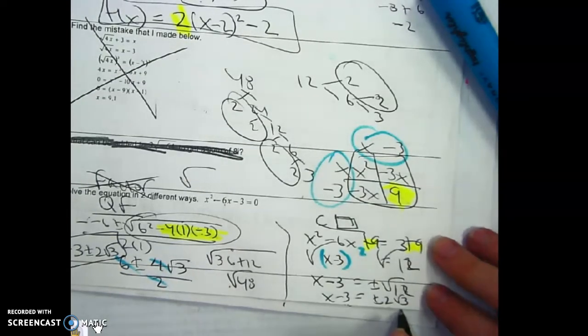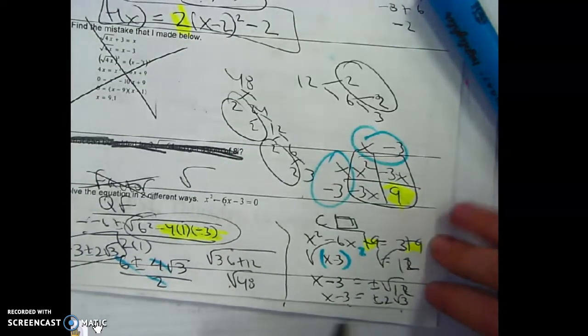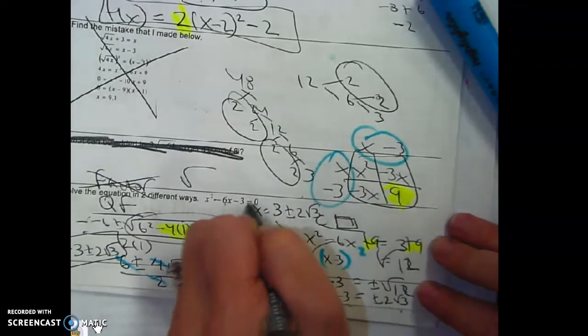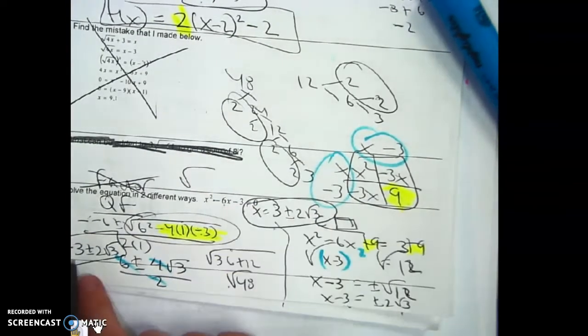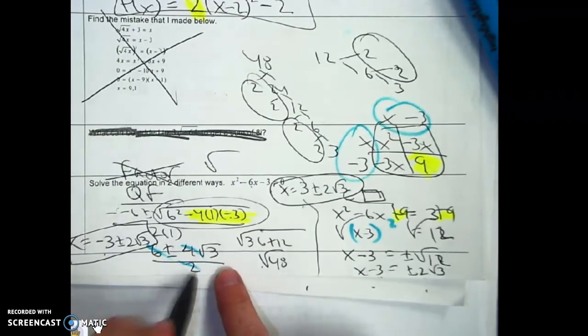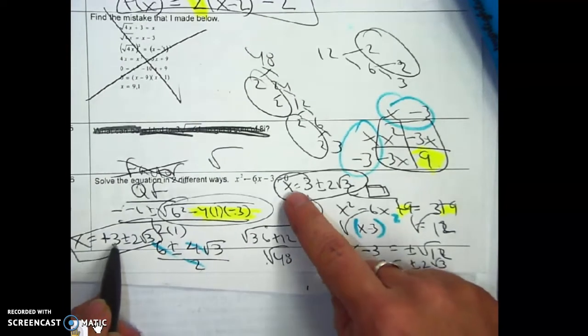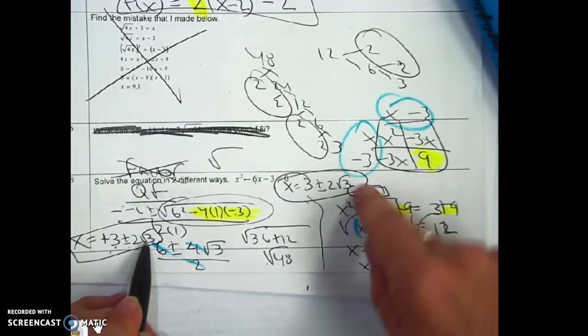Add 3 to both sides, and I get 3 plus or minus 2 rad 3. And if you look, ooh, I can see my mistake. For some reason, even though this was a positive and this was a positive, I put a negative. So I better check that. Now, 3 plus or minus 2 rad 3. Okay, that's your test. Study.